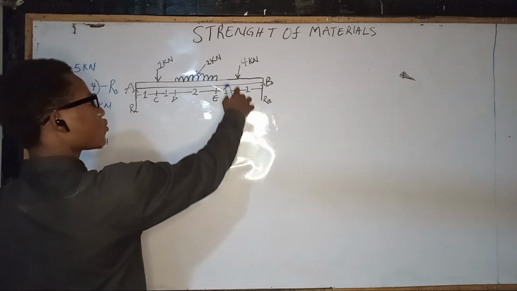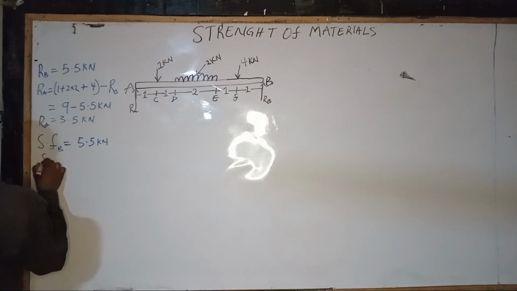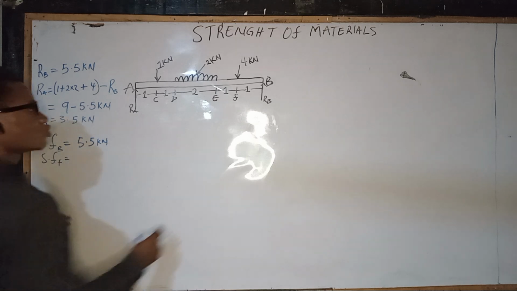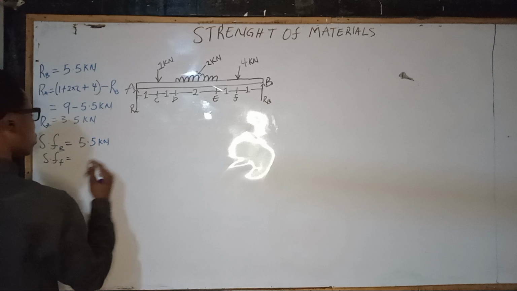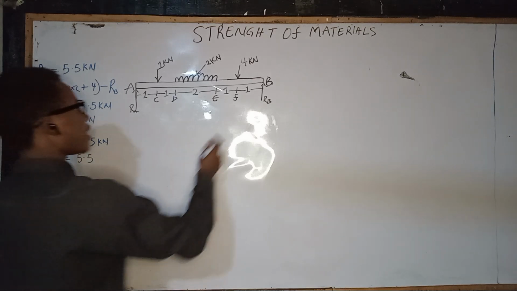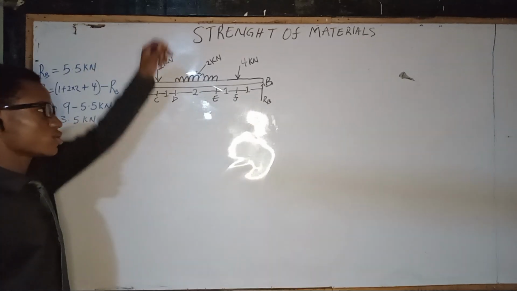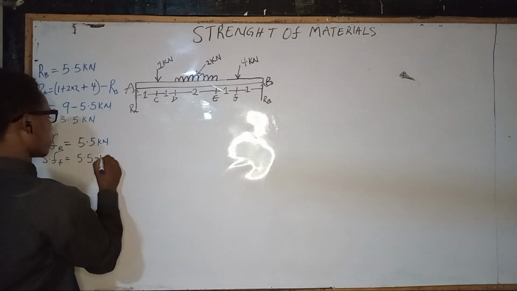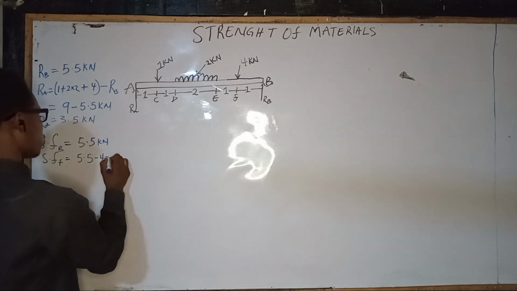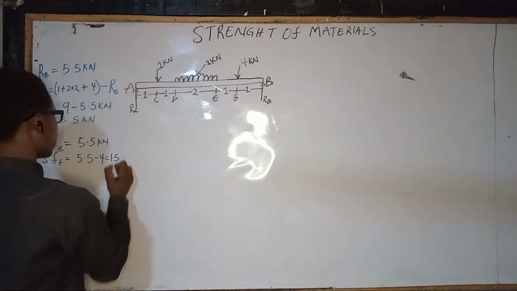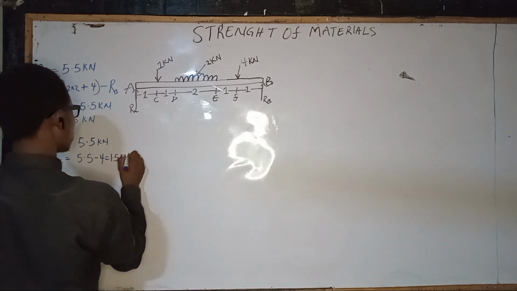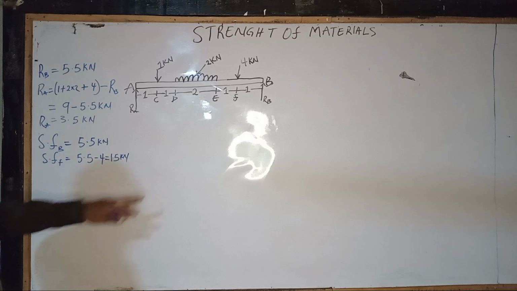Now our shearing force at F would be 5.5 minus 4 kilonewton, because this one is pointing downward, which equals 1.5 kilonewton.